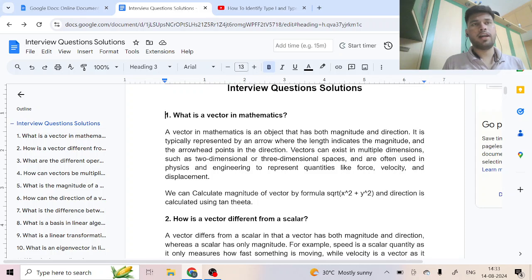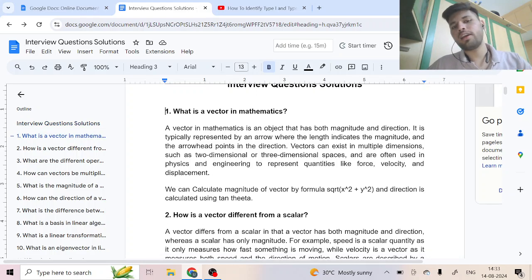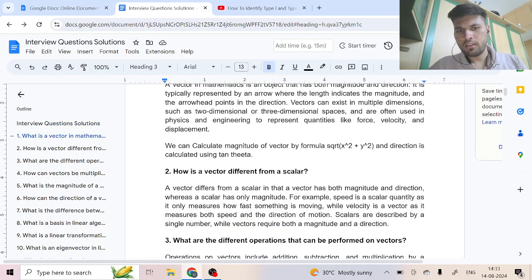But when we talk about direction, the direction of a 2D vector is given by tan theta. Here the angle is the direction, so theta is equal to tan inverse of y upon x. Through this formula we can calculate the direction of a vector.